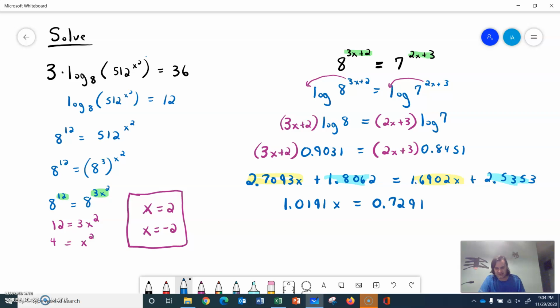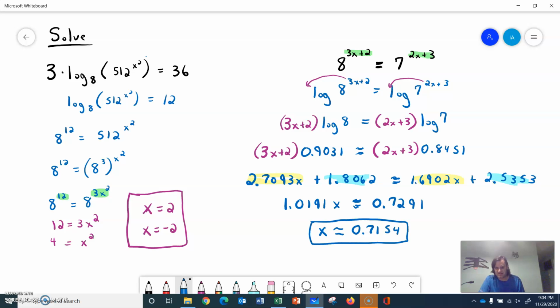So now this is definitely an approximation, sorry. Now I'll divide out the 1.0191. I'll divide 0.7291 by 1.0191, and as I divide both sides I will have 0.7154.